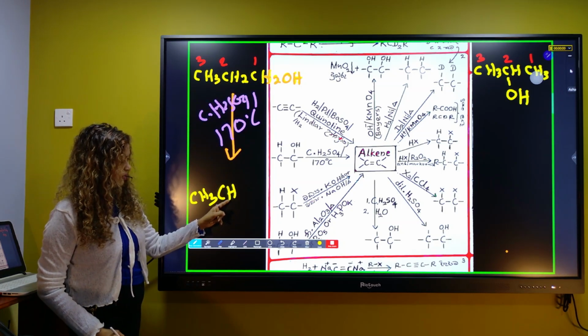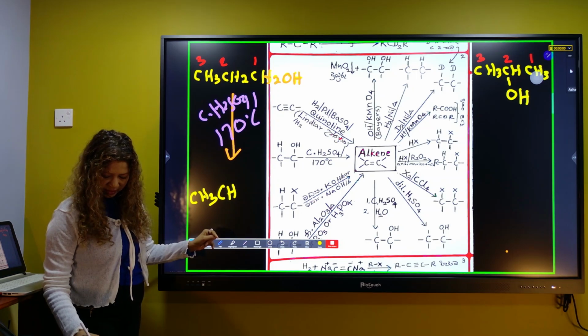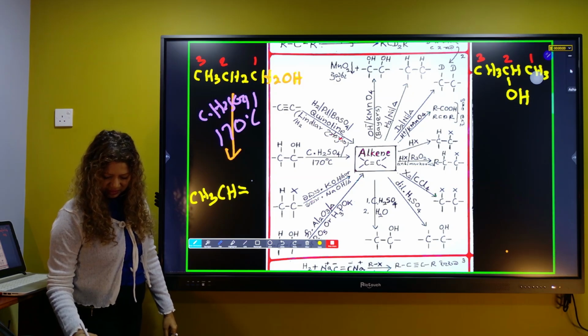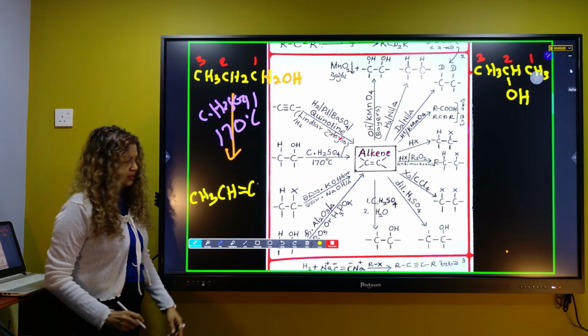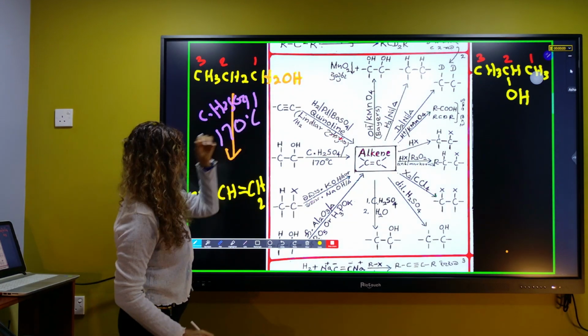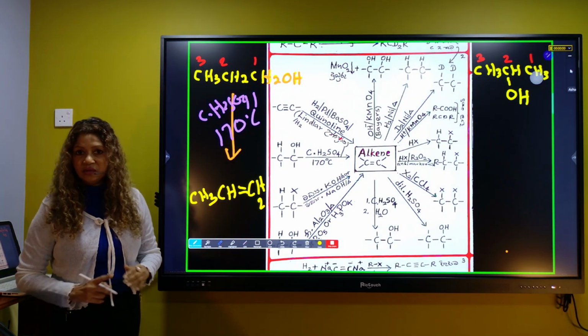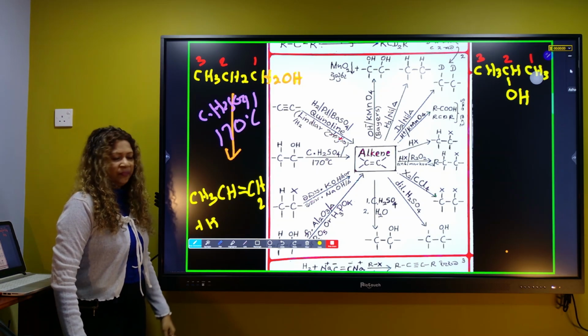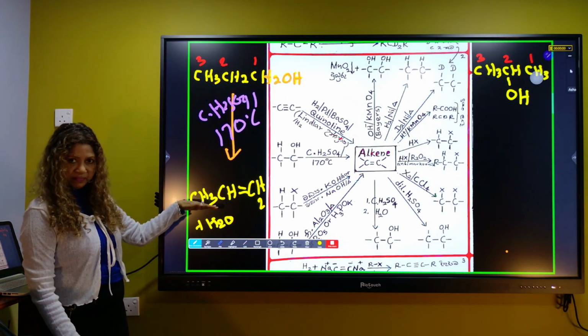Then you are making the double bond with carbon number 1, which is CH2 since the OH group is gone. If you write the byproduct, which you don't need for conversions, it becomes H2O. So this is the middle compound.